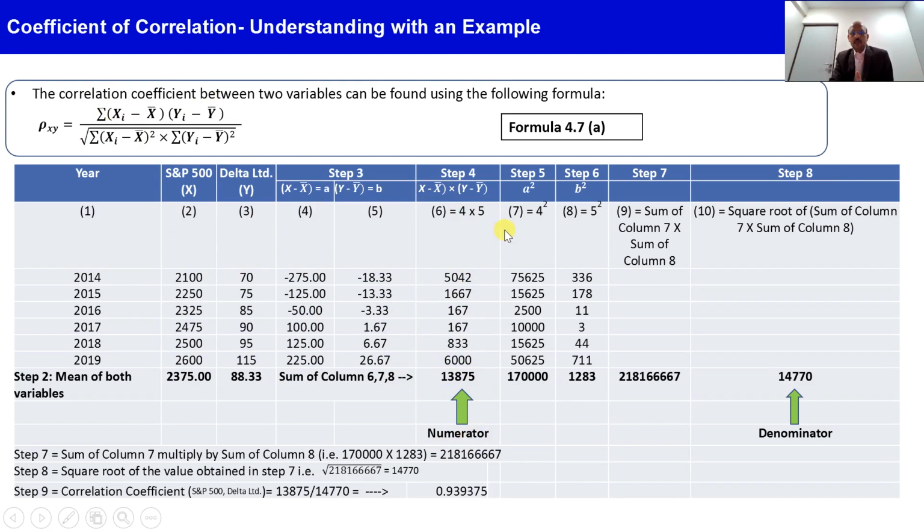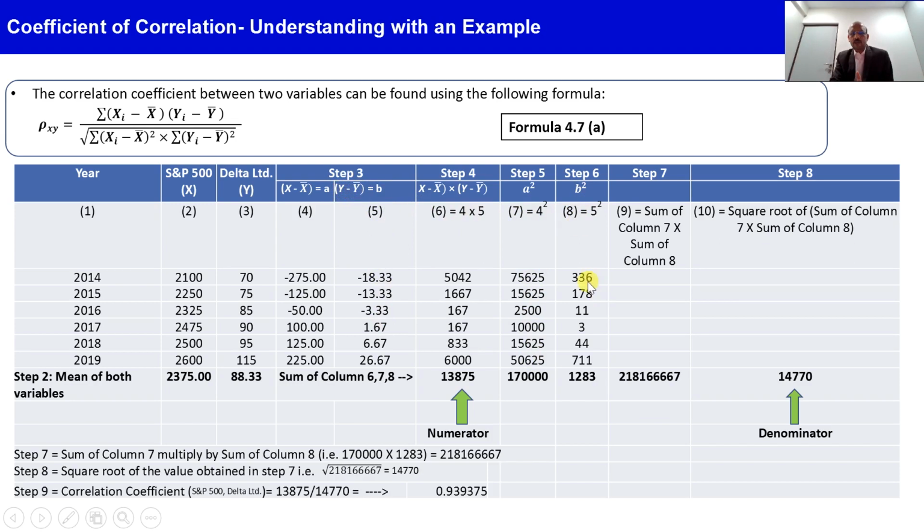Now to calculate the denominator, what we have to do, column 4, which is the value of a, which we calculated as x minus x bar, we square it. So all a squared equals each of these values, and similarly in step 6 we square the value of b, each value, which is basically y minus y bar squared.